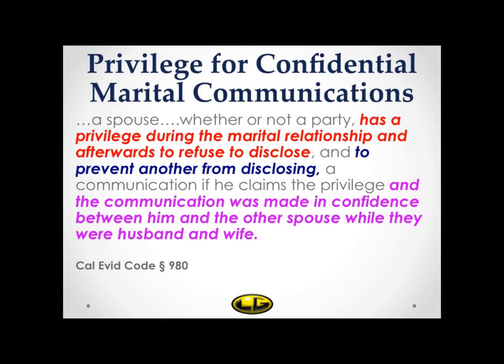This privilege under California Evidence Code 980, and there are similar ones across the United States for all the different states we have, states that a spouse, whether or not a party, has a privilege during the marital relationship and afterwards to refuse to disclose and to prevent another from disclosing a communication if he claims the privilege and the communication was made in confidence between him and the other spouse while they were husband and wife. Those are all the elements that we have under California law for the confidential marital communications privilege.